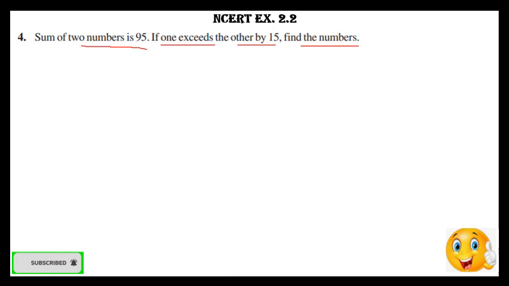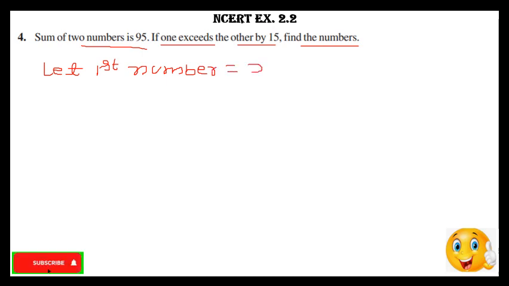So let the first number be x or y, any variable you can take. Let the first number be equal to x. So this is the very first number that is given to us.